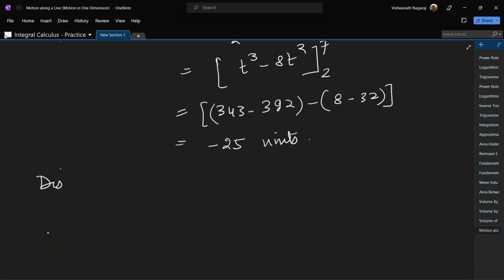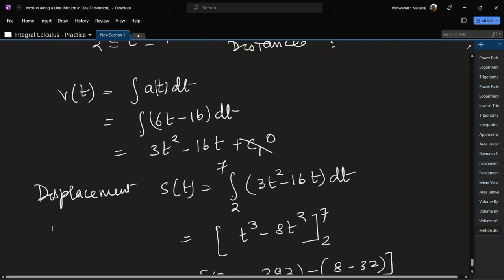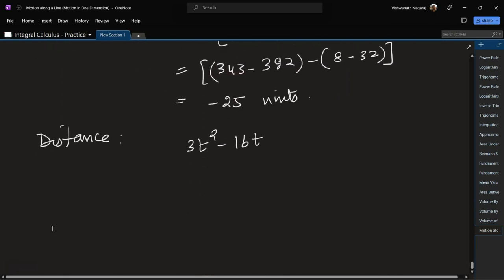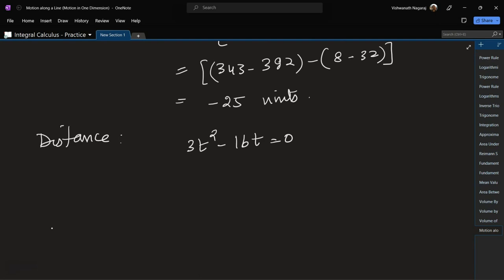Now when it comes to distance, you know that we have to figure out the zeros of the velocity. So let's figure out the zeros. 3t square minus 16t, right? 3t square minus 16t equal to 0. This would be, t is common, let's take it out. 3t minus 16 equal to 0.